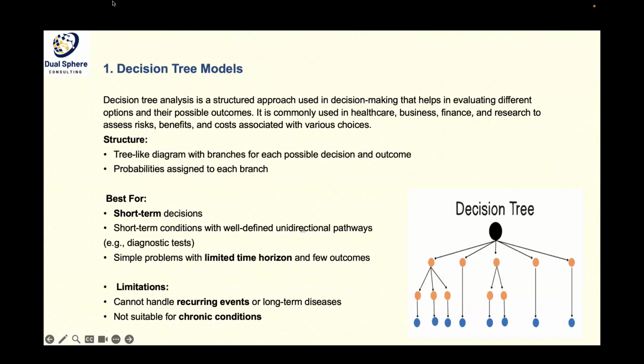Then you assign probabilities, like the possibility of choosing option A, B, or C. You assign probabilities to those branches. After doing that, you also assign the cost associated with selecting that particular option. So the probabilities, cost, and the quality or effectiveness measure that comes along with that choice are also assigned.